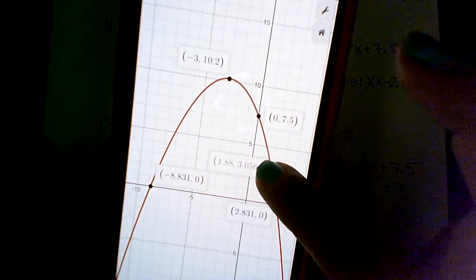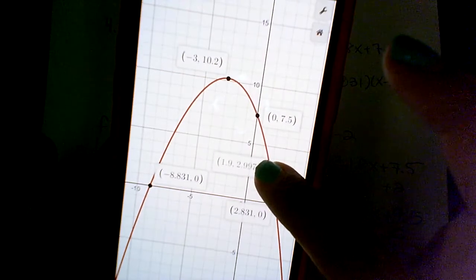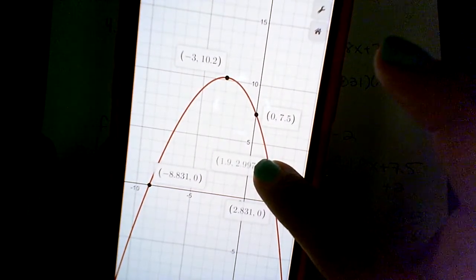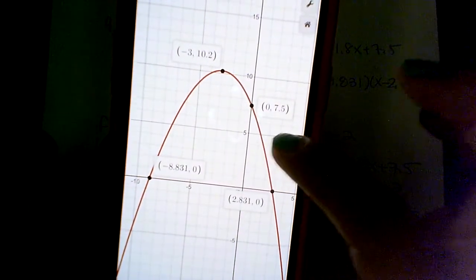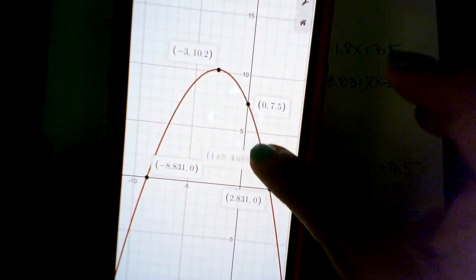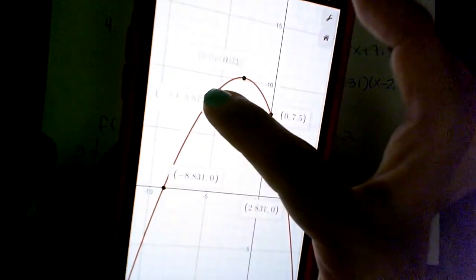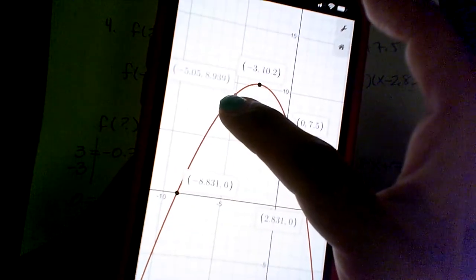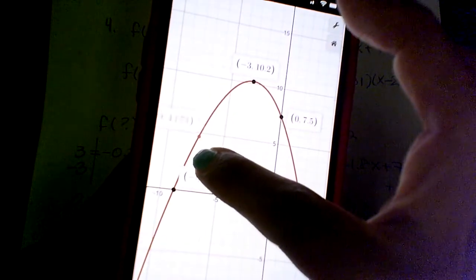It's going to be 1.88, 1.9. It's going to be around there. So if you guys put your finger on the red parabola and you follow it along, they give you those values. I know it's kind of grayed out, but that's what they give. Oh, you can't see. There it is. It follows all those points.